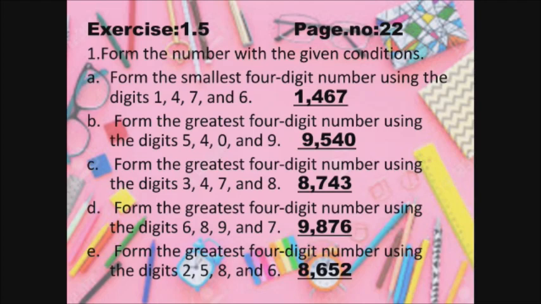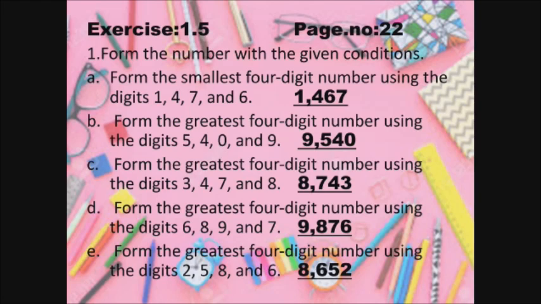Yes, it is 1. So 1, next 4, next 6 and the last 7. So it can be written as 1467. From smallest to the greatest number we are writing.